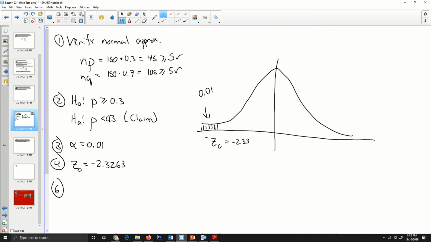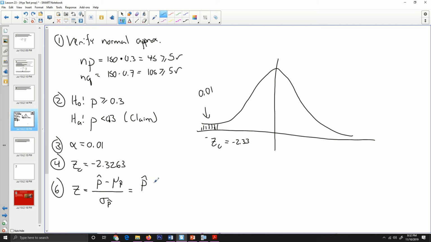Just to be clear, our z-score is going to be the p-hat minus the mean of the sample proportions, and this is the standard error of the sample proportions. Now, the mean of the sample proportions is just the value that we're looking for.